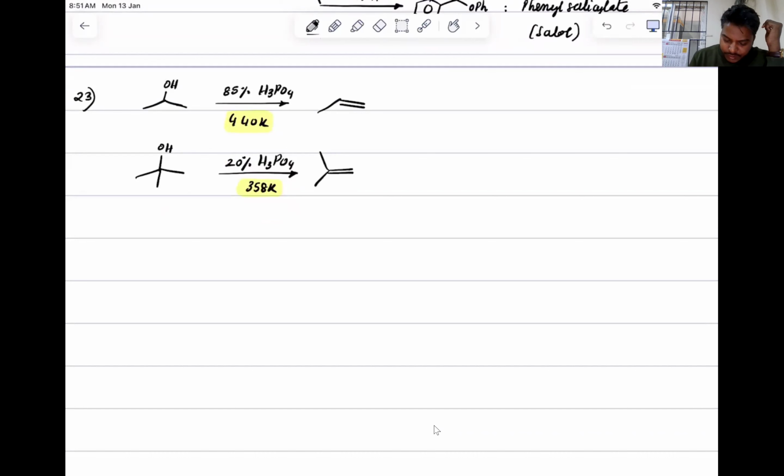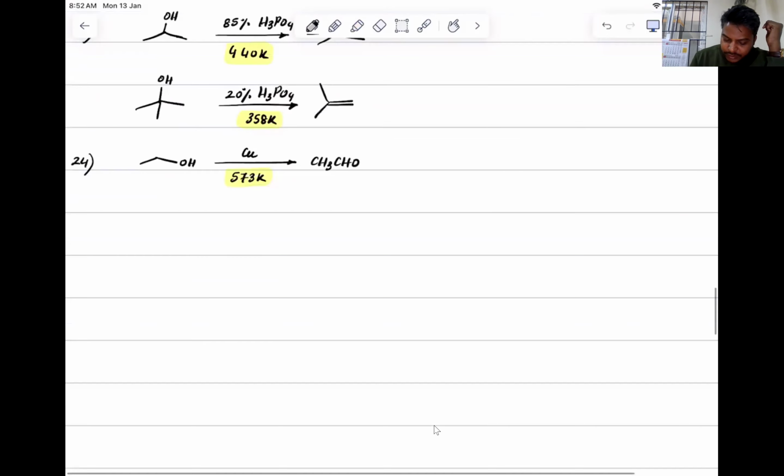Right. Next, 24. If primary alcohol is given, see the reaction condition, copper, 573 kelvins, very important reaction condition again. Then we will get an aldehyde. We will get this as CH3CHO. 1 degree will give us aldehyde. Clear?